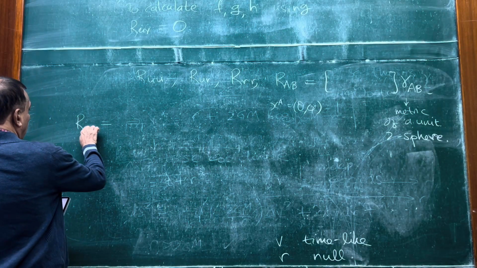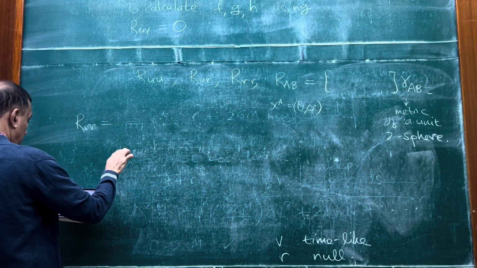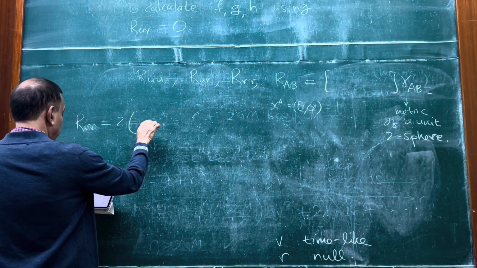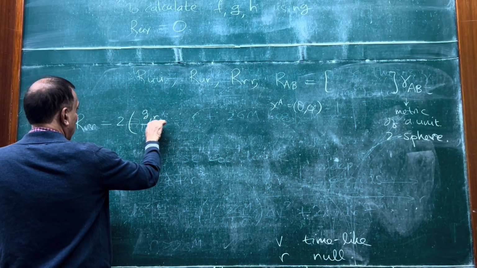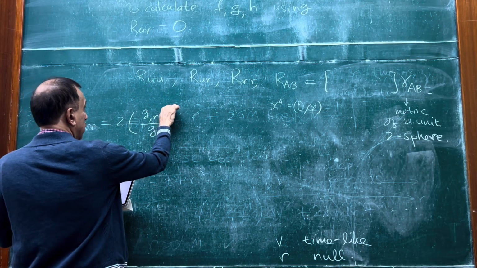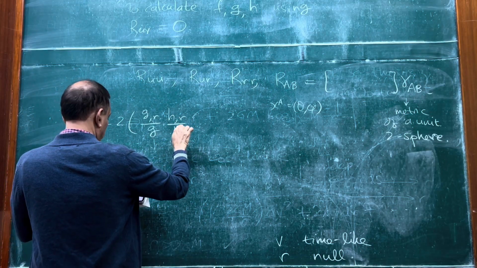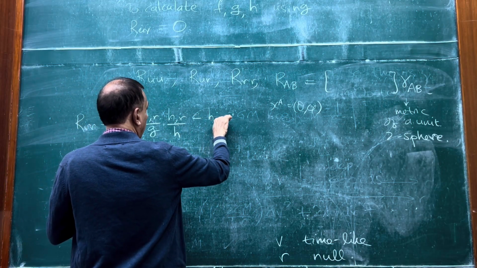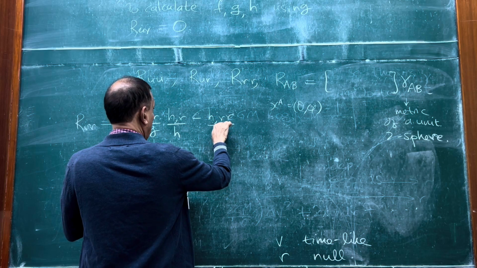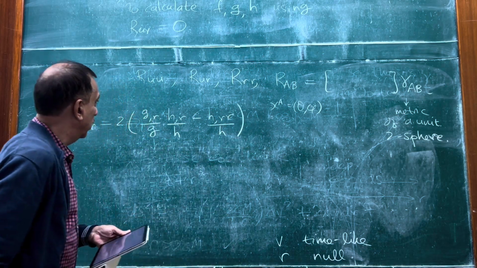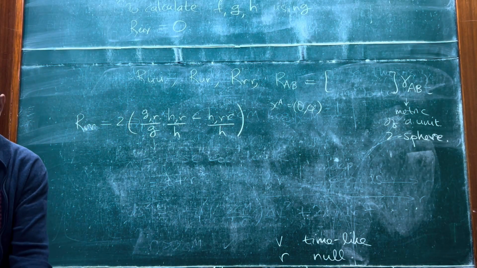Let's start with R_RR. So this is the simplest of all of them. I hope my notation is obvious. Comma means derivative. So this is the simple one, just two terms.